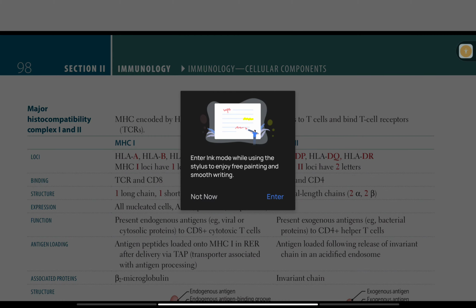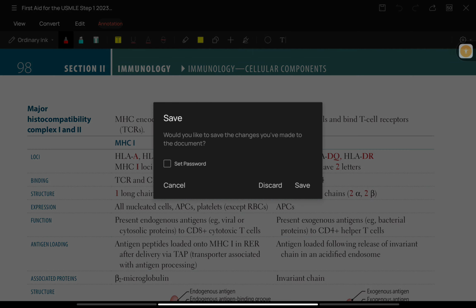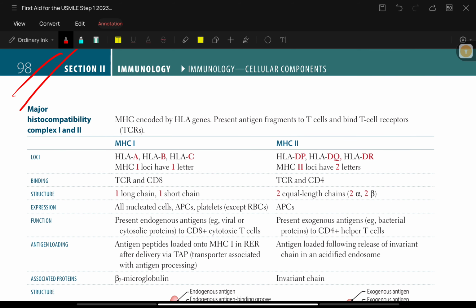So here, moving to the next page, we can see MHC class 1 and MHC class 2, that is major histocompatibility complex 1 and 2.